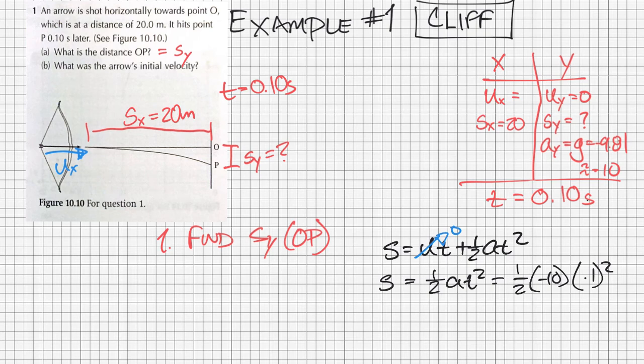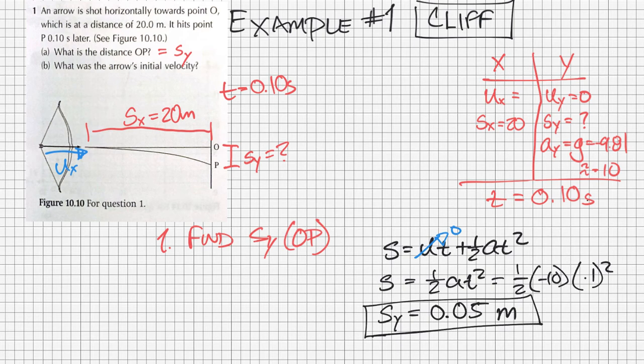When I do that, 0.1 squared times negative 5, and so my distance in the Y is going to be 0.05 meters. So that's how far it went.